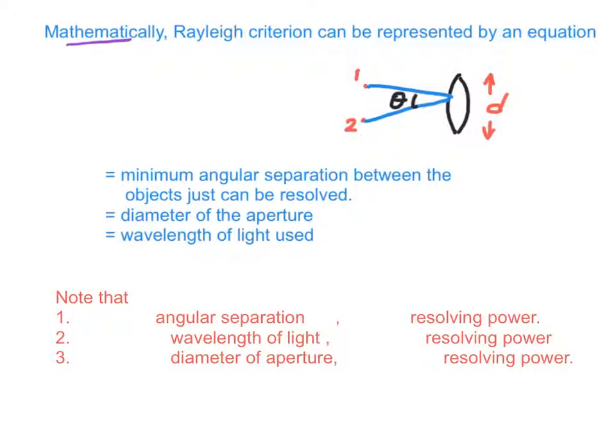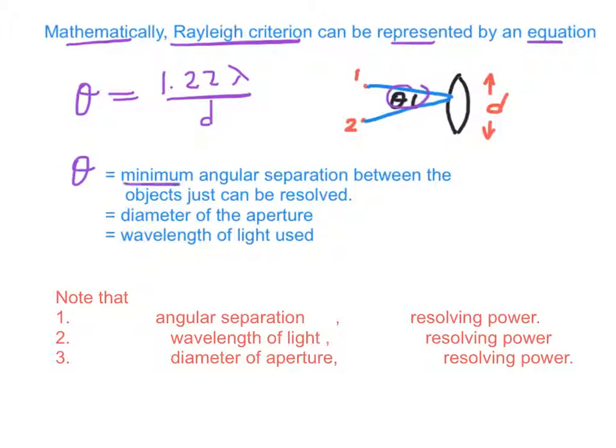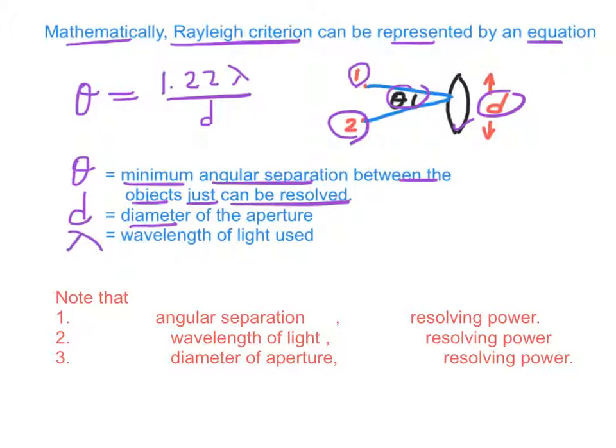Mathematically, Rayleigh criterion can be represented by the equation theta equals 1.22 lambda over d, where theta is the minimum angular separation between the objects 1 and 2 that just can be resolved, d is the diameter of the aperture, and lambda is the wavelength of the light used.